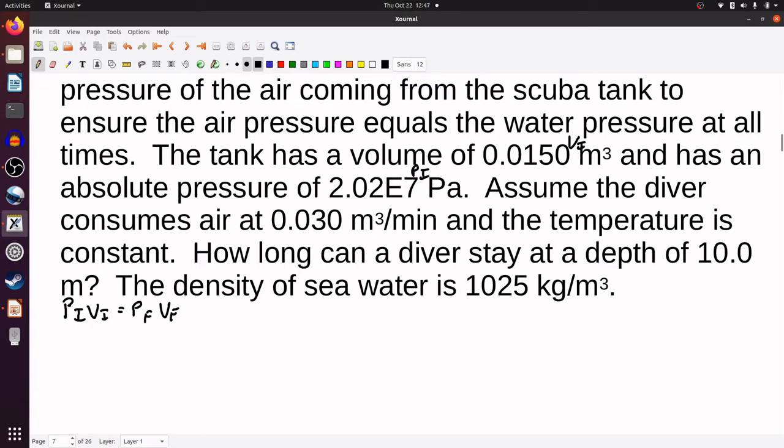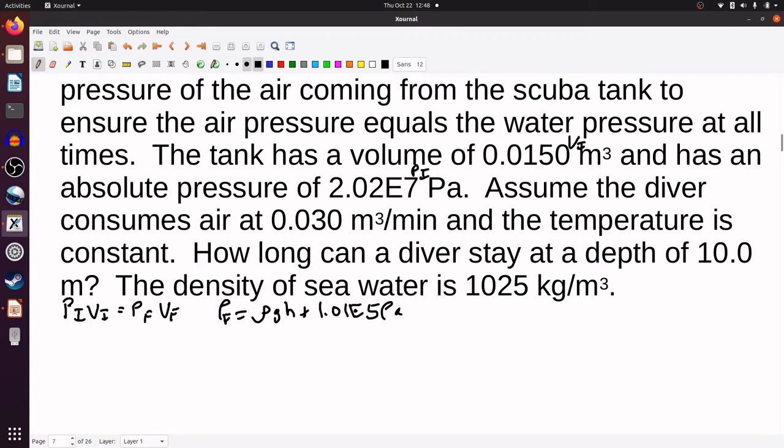Well, we remember that pressure is equal to rho GH, and that would just be gauge pressure like we did in the last problem, but we need pressure beyond an atmosphere, and so we'll add that to 1.01 E5 pascals. That way we account for atmospheric pressure. I didn't put a subscript on there, so let's put PF. There we go.